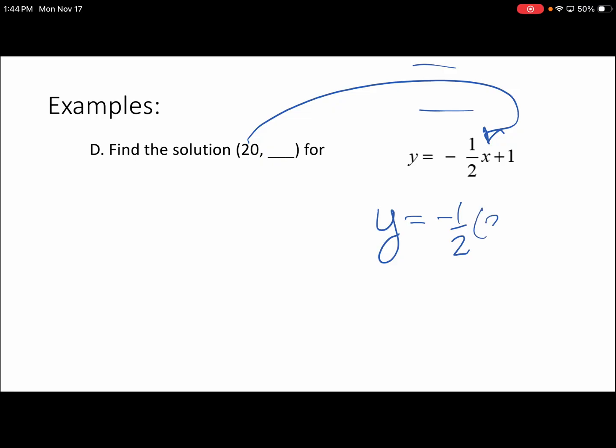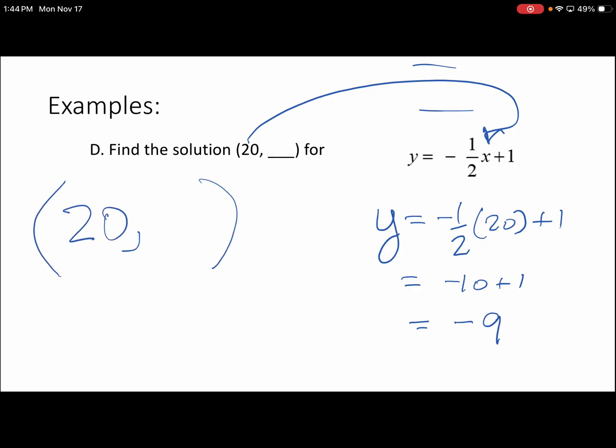Negative 1/2 of 20 plus 1 is going to be negative 10 plus 1, which is going to be negative 9. And I just stop writing y so that I don't accidentally put on my answer blank y equals negative 9. I kind of always might write mine like this. And then when I go to write the answer, I say, okay, I got to put this together with an answer. What would be my answer? It has to be the ordered pair 20, negative 9.